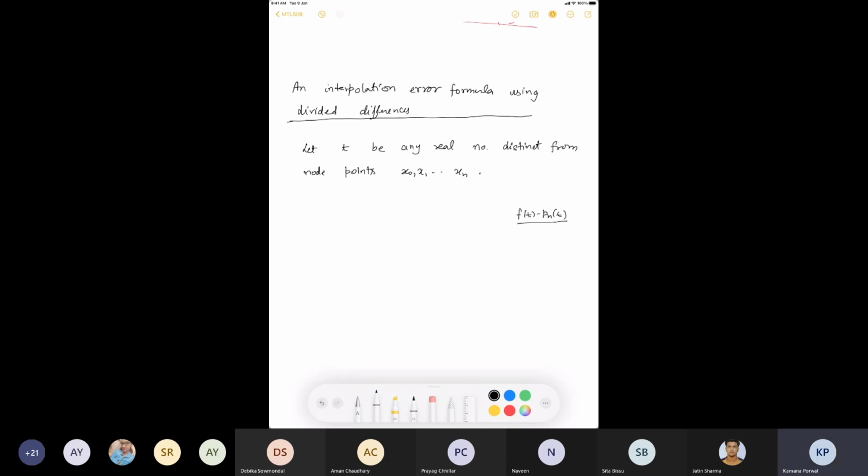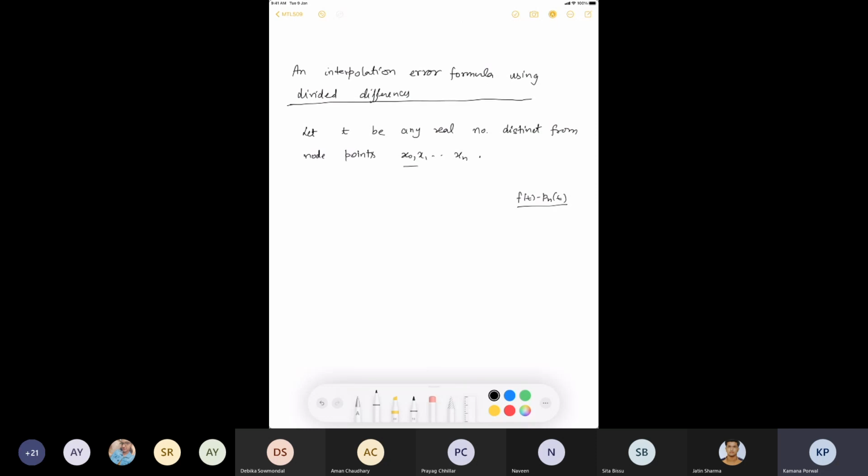So for that, what we are going to do, we are already given these n plus 1 nodes. So I have one additional point t, right? So I'm going to write an interpolating polynomial which interpolates the complete data, that is these n plus 1 points together with this point t.